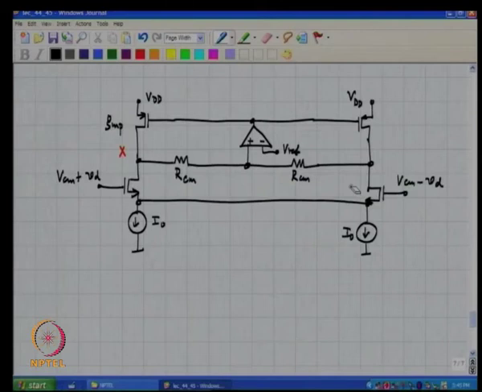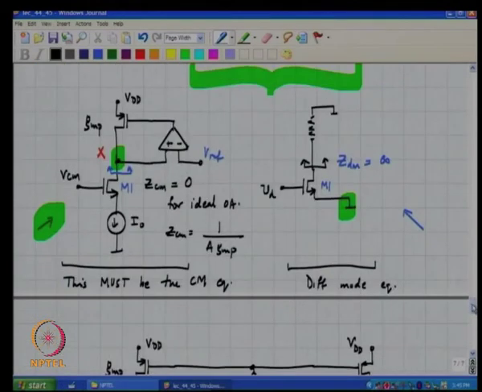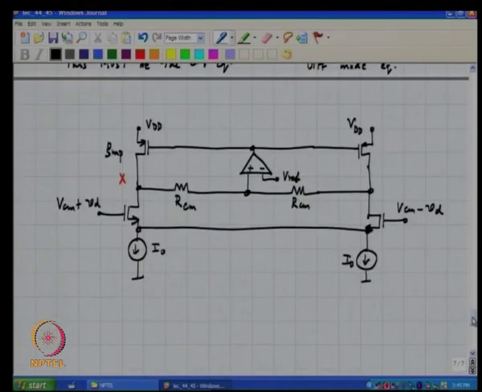So this now represents a circuit where the common mode equivalent is what we had put down, alright. What is the differential mode equivalent? For differential mode signals, what happens? This node potential goes up, this node potential goes down.